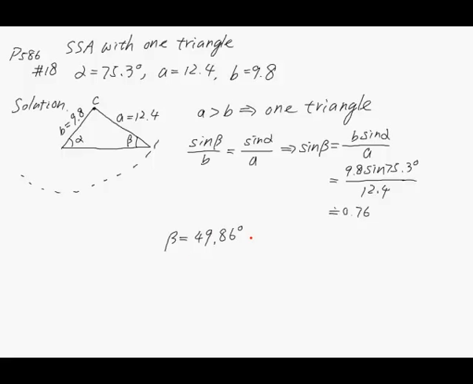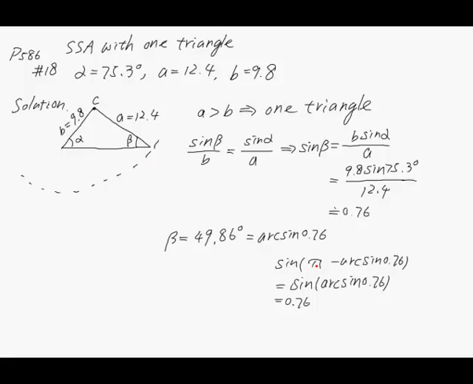Here we just use the arcsine of 0.76, right? But you also know sine of pi minus the arcsine of 0.76 is equal to sine of the arcsine of 0.76, and this is equal to 0.76.